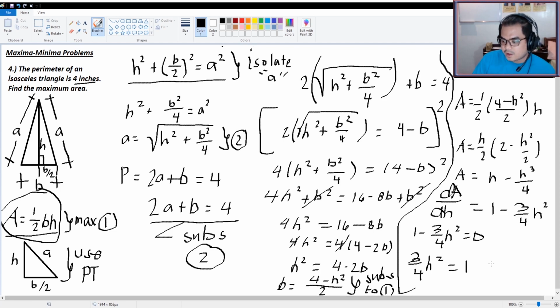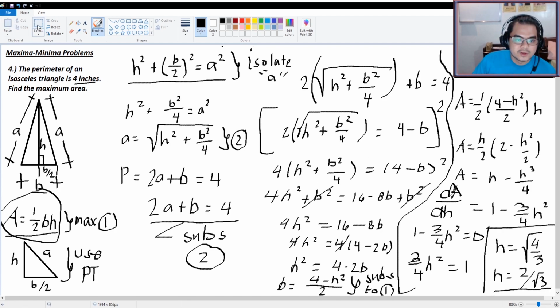And then h squared will be equal to 4/3. Then take the square root, so square root of 4 over square root of 3. So your h now will be equal to 2 over square root of 3. That is your height.